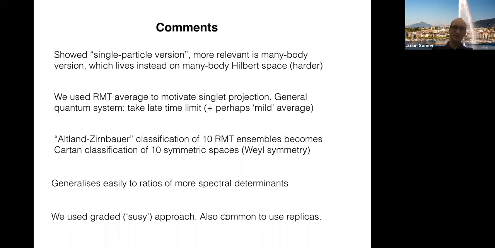Now, I've shown the RMT average here to motivate the singlet projection. But importantly, for a general chaotic quantum system, this is achieved by taking the late time limit and perhaps some mild average. For example, in the SYK model, I would qualify this as a mild average, but you might think of even milder averages, like an order 1 number of parameters.